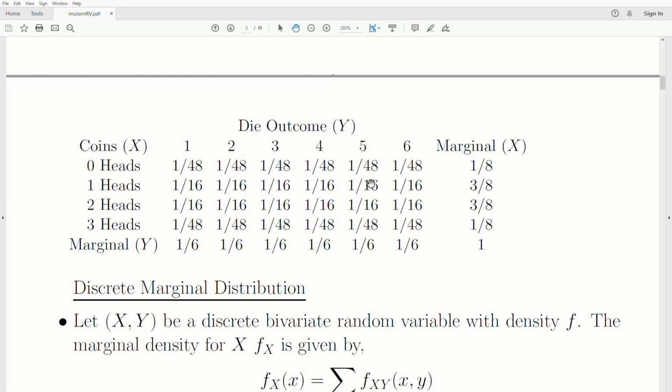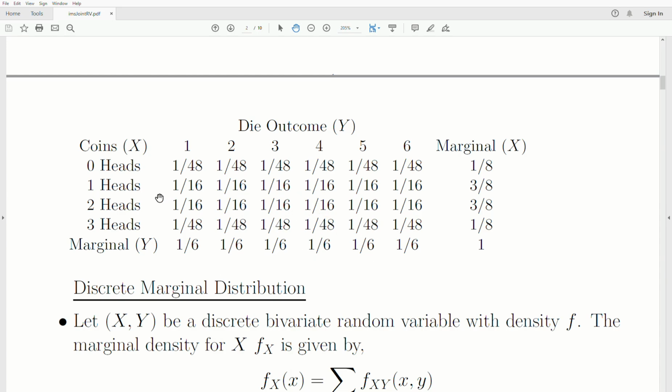So that product works, but it has to work for every entry in the table. So this 1/48 needs to be the product of 1/8 and 1/6, and it is. And the same over here. This product needs to be 1/6 times 1/8, and it is 1/48. And then you notice that it is independent.